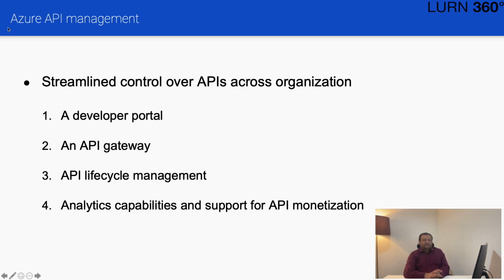We'll learn this in more detail in the upcoming videos. But these four, in general, are the most important functionalities offered by every API management tool. First, a developer portal. Second, the API gateway. Third, lifecycle management, and fourth, analytics and monetization, right?